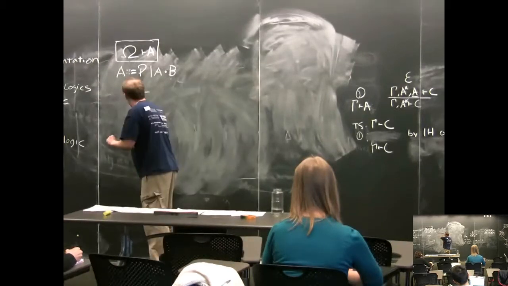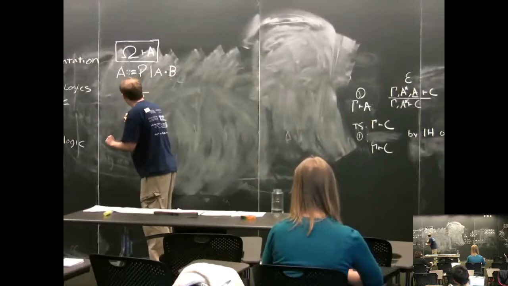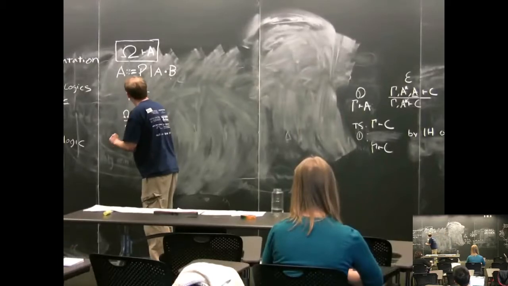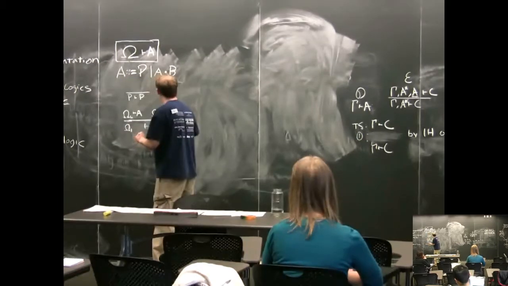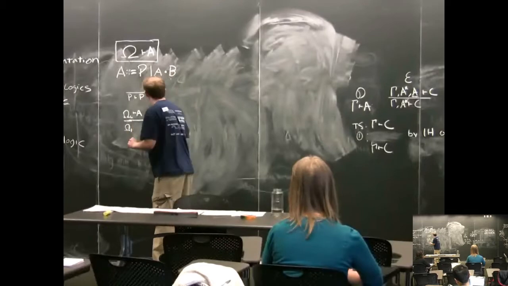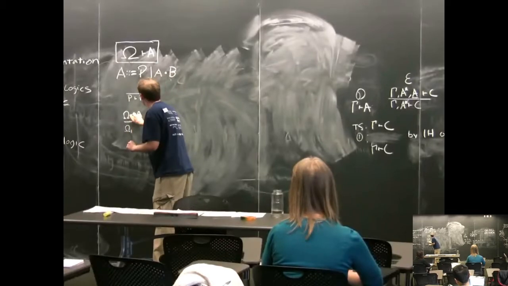This says the left resources have to prove A, and the right resources have to prove B.